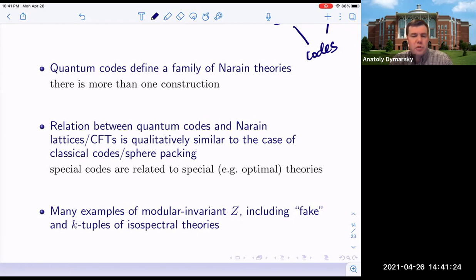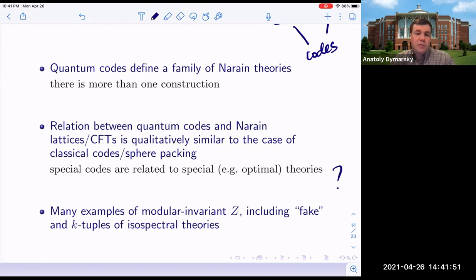In certain dimensions, certain codes give rise to Narain theories with maximal spectral gap. You can ask if there are special codes which give rise to theories with other special properties. For example, the famous Leech lattice gives rise to the monster CFT, a very special CFT with the largest discrete symmetry possible.